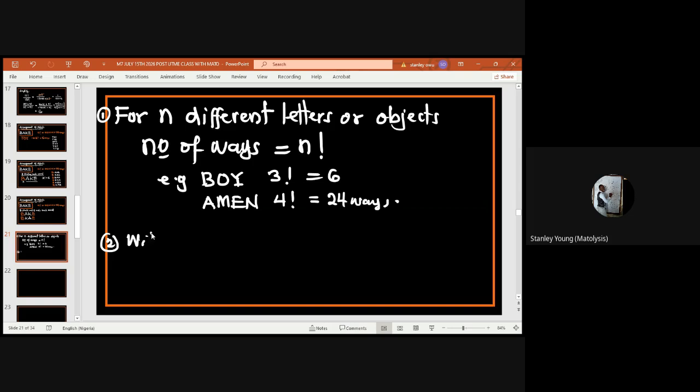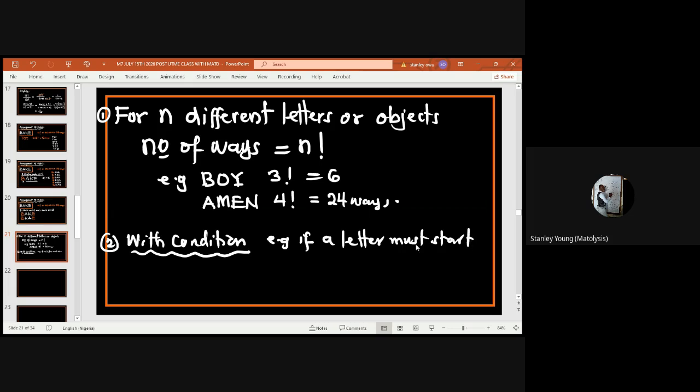Then 2, with condition. For example, if a letter must start or end each word.